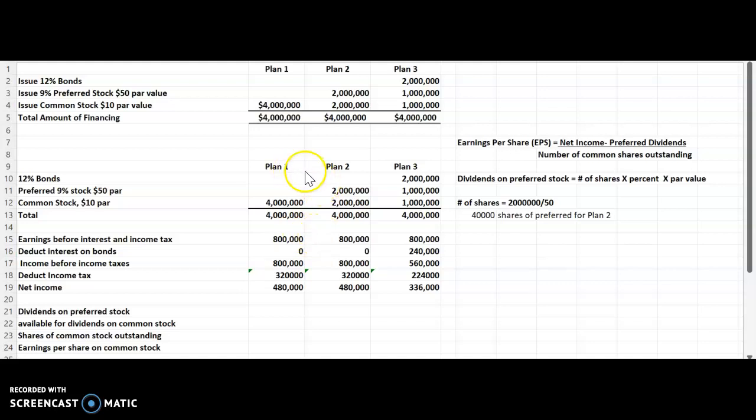So for Plan 1, how many dividends does Plan 1 get? Well, they don't have any preferred stock, so dividends on preferred stock would be 0.